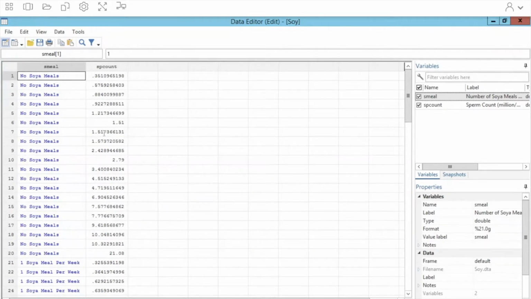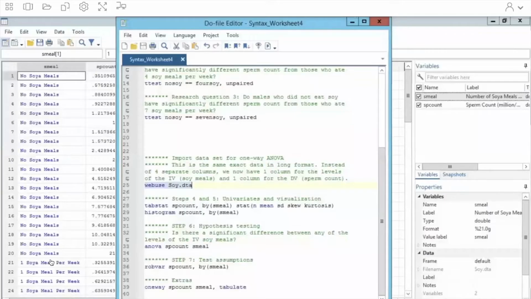So we're going to actually take a look at our summary statistics using a different command rather than just summarize. This time we're going to be using the command tabstat, and we want the information for sperm count. So we want to know the information of our DV at all levels of our independent variable.